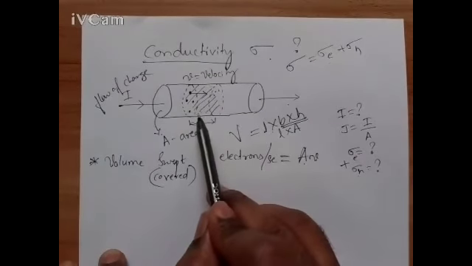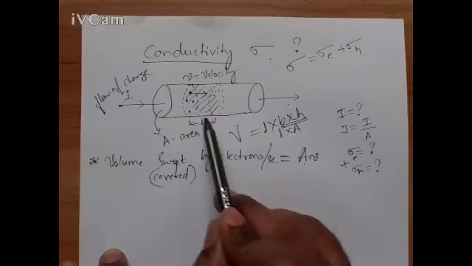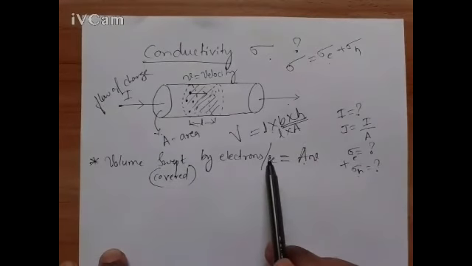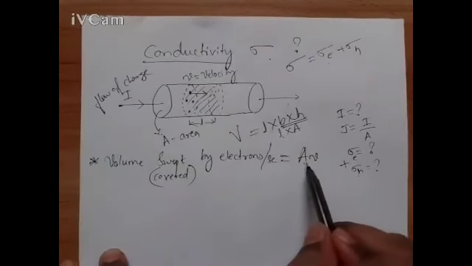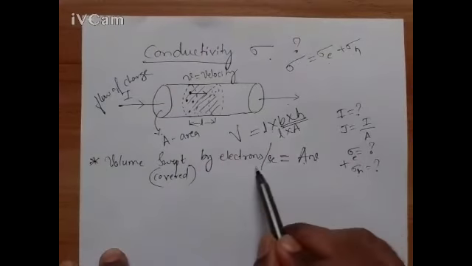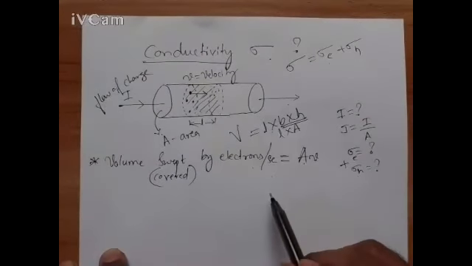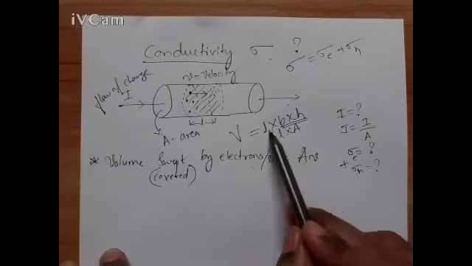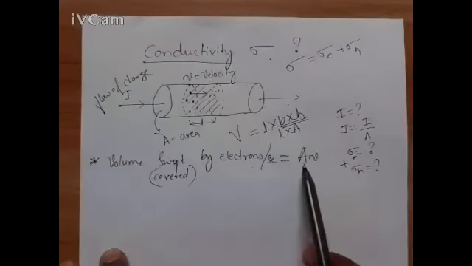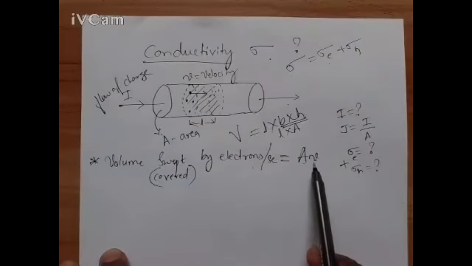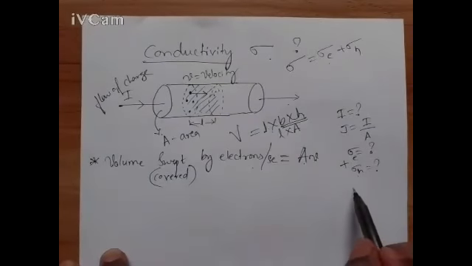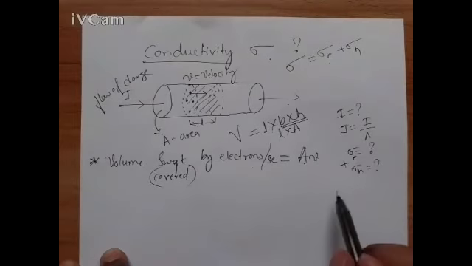Volume swept by the electrons per second. How to understand that area into velocity is volume? Till now we understood the basic thing that volume is length into breadth into height. But why am I writing area into velocity? That is very simple. This is volume per second.